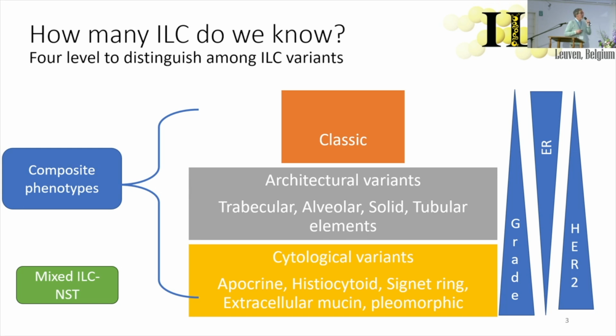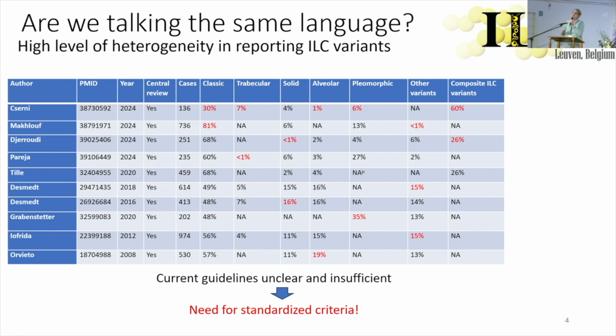We know quite well the classic type, but when we look at the microscope, we have to deal with architectural variants, with cytological variants, and maybe what is less known is the fact that from time to time these variants can be composite. We also have the so-called mixed ILC and NST, and this is a note maybe more important for the clinicians: this non-classic variant may be enriched for high-grade tumors, low ER-expressing tumors, and high HER2-expressing tumors. But are we talking the same language?